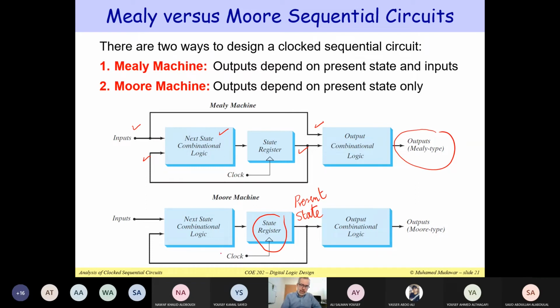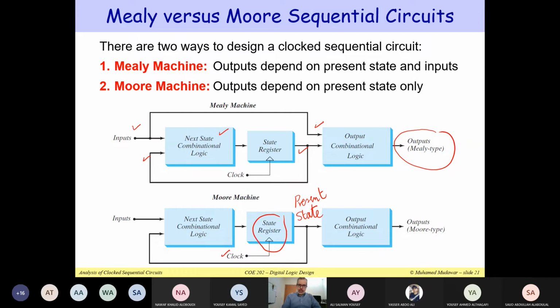Notice that the clock here is connected to the flip-flops because they are synchronized. So we are synchronizing the operation of these flip-flops, and the entire sequential circuit is synchronized with the clock. Changes will happen at the edge of the clock. So this is really the main difference.